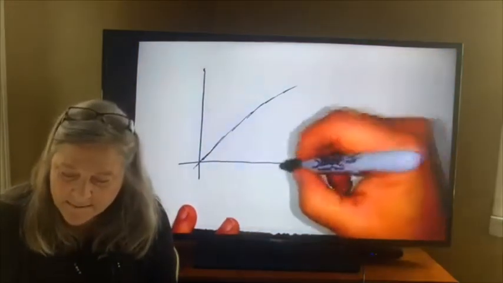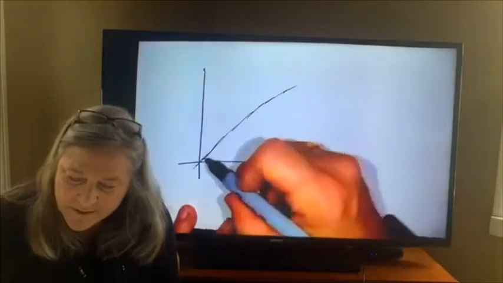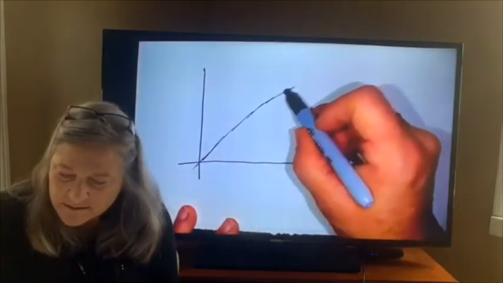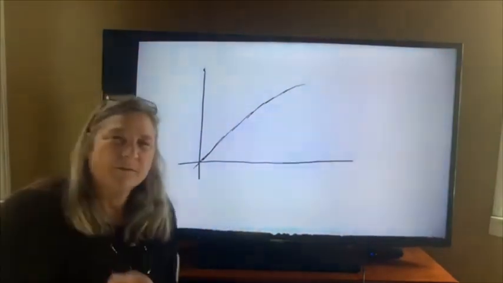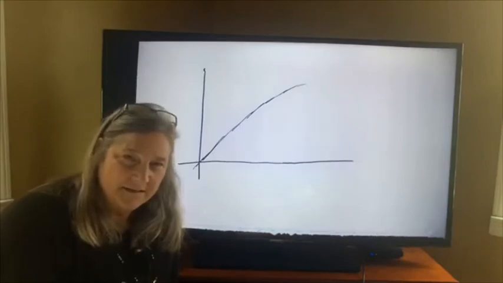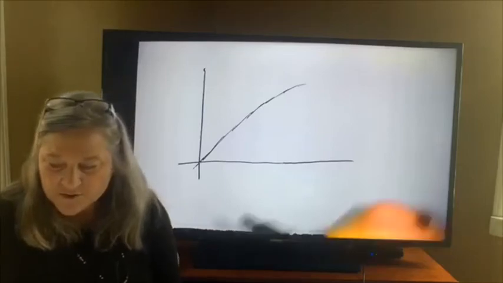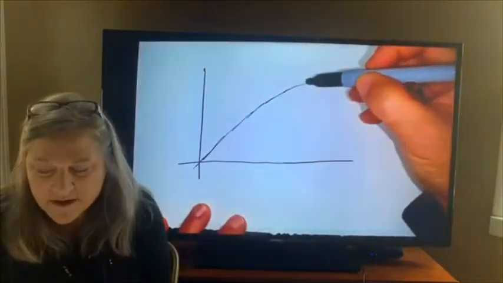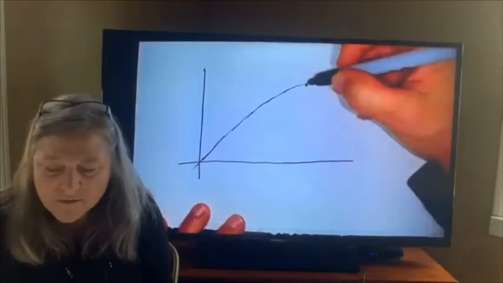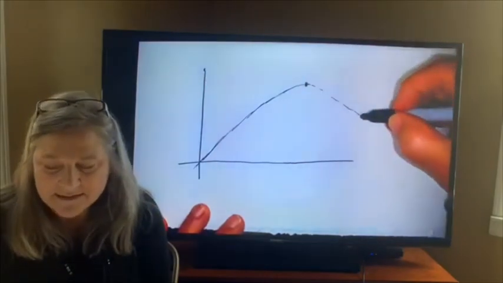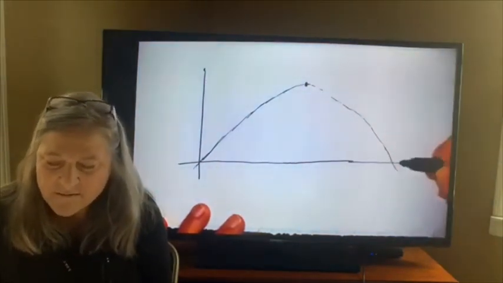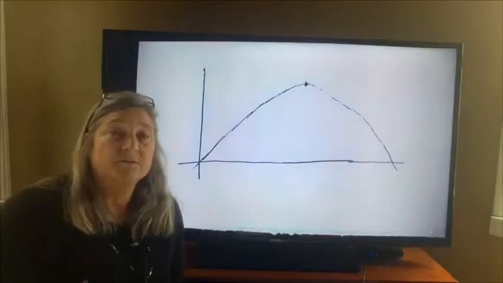But what do we know? It's going up and up and up. And then remember what a vertex is. It's when the parabola changes direction. So if it's going to keep going up, the vertex will be where it starts going back down. Okay? Now, again, this is real data.